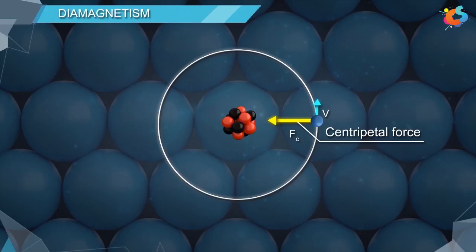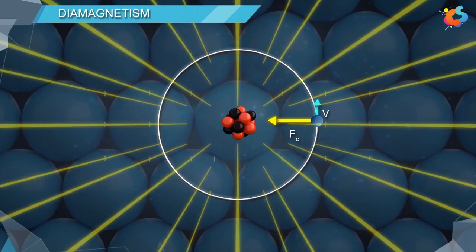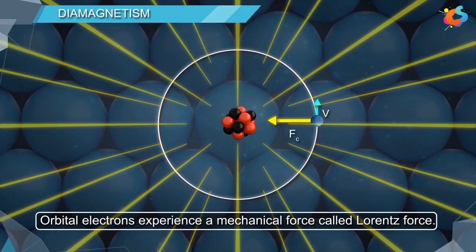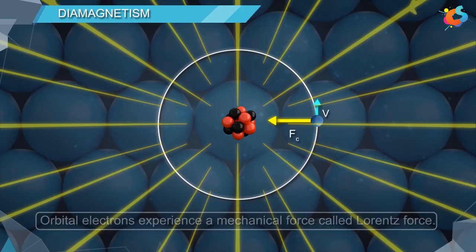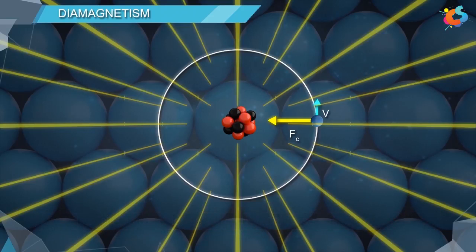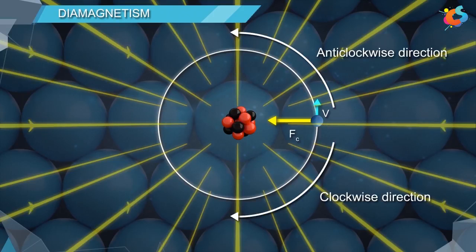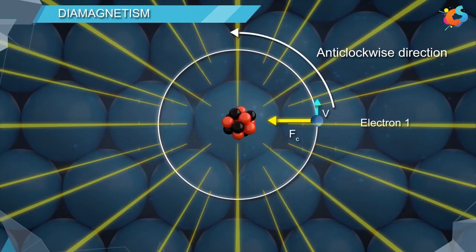When the diamagnetic material is placed in an external magnetic field, each of the orbital electrons experiences a mechanical force called Lorentz force. The direction of the Lorentz force depends upon whether the electron is moving in clockwise or anti-clockwise direction. If the electron is moving in anti-clockwise direction, the Lorentz force acting on the electron will be in radially outward direction.